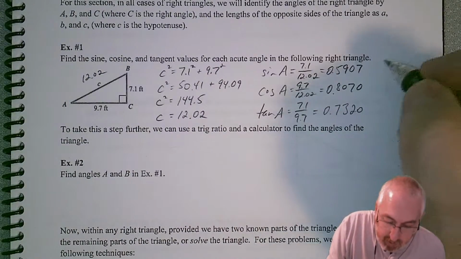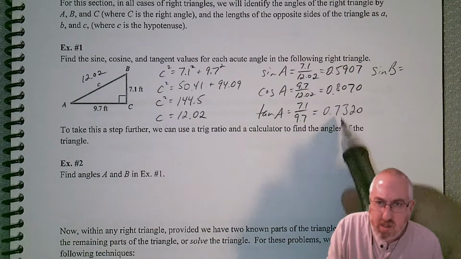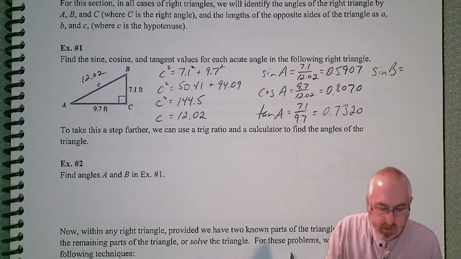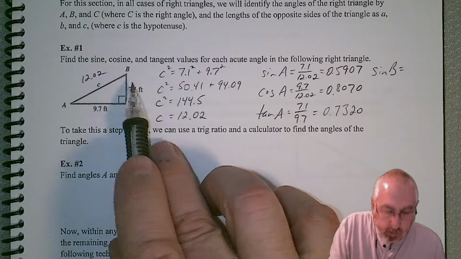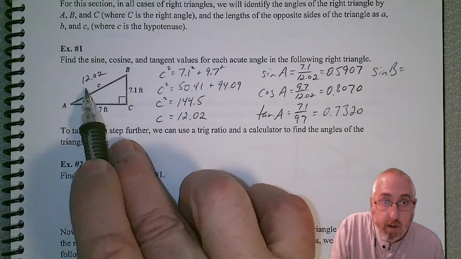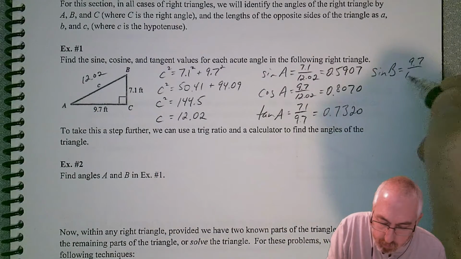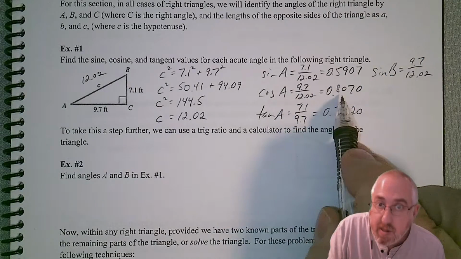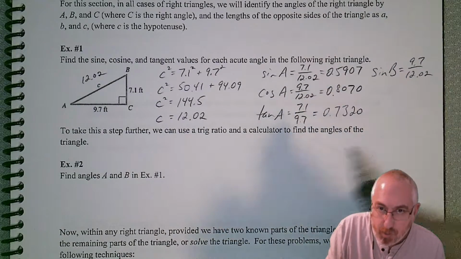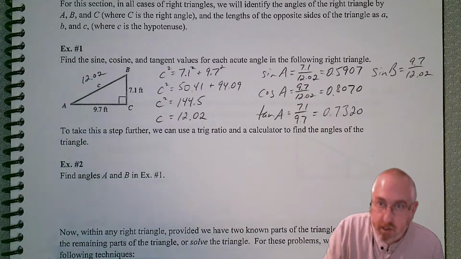Now we're going to do the same thing for B. And we'll skip this last step of just doing those decimals. So looking at angle B, so we want the sine, so we need the opposite over the hypotenuse. So 9.7 over 12.02, which would be this decimal here. So remember, these always have that co-function relationship.